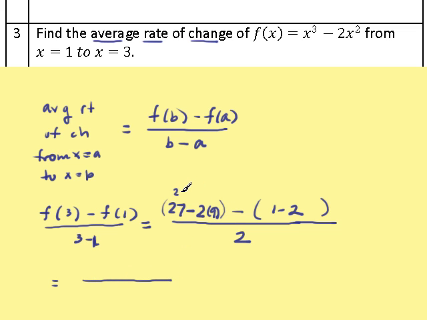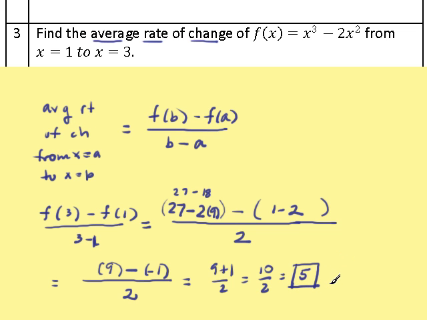Let me just write it on top. 27 minus 18. So that's a 9. And here we have 1 minus 2, that's minus 1. 9 plus 1 over 2, 10 over 2, 5. So that's the average rate of change.